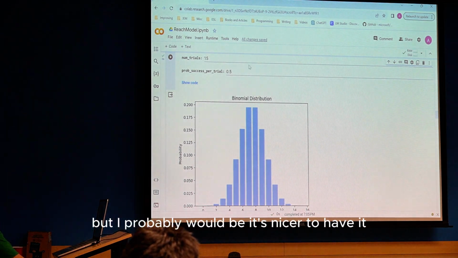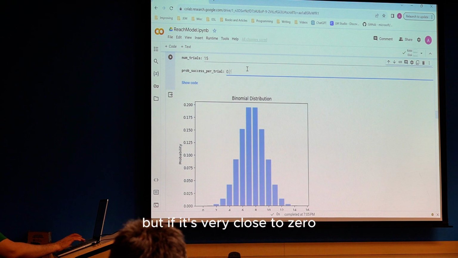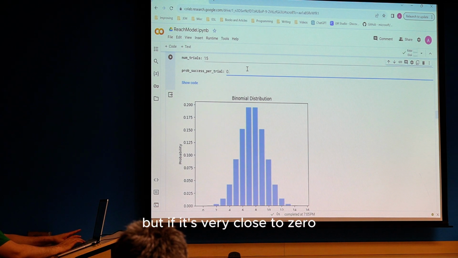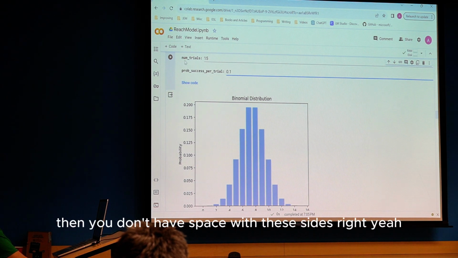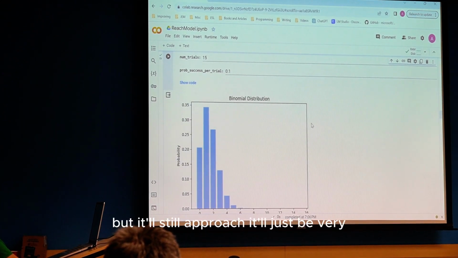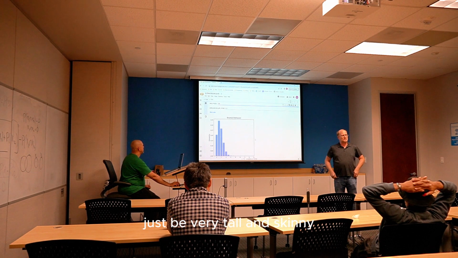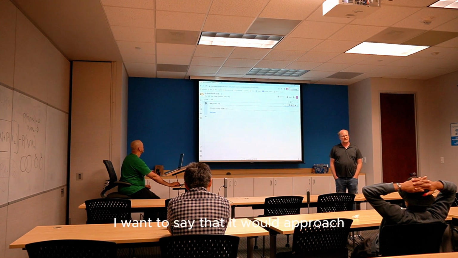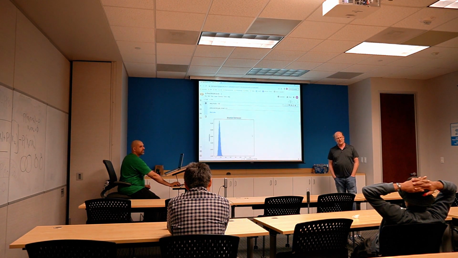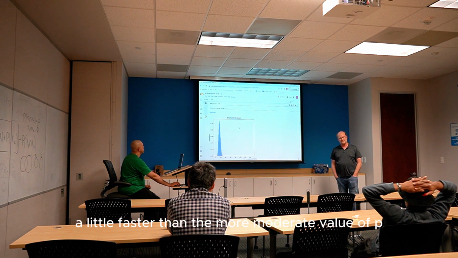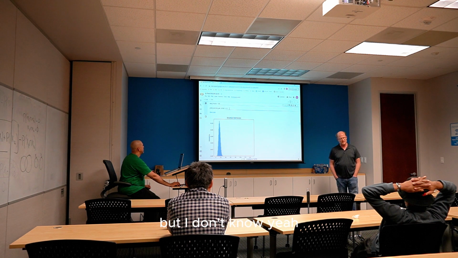But it's probably nicer to have p closer to 0.5. If it's very close to 0, then you don't have space on this side, right? But it'll still approach. It'll just be very tall and skinny. I want to say it would get there a little faster with a more moderate value of p, but I don't know.